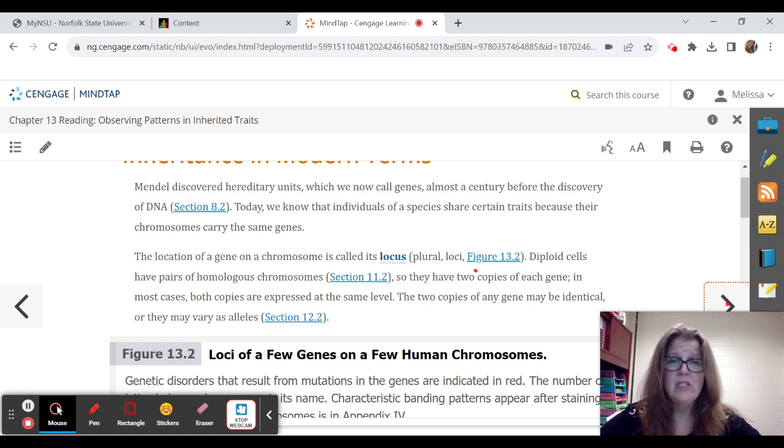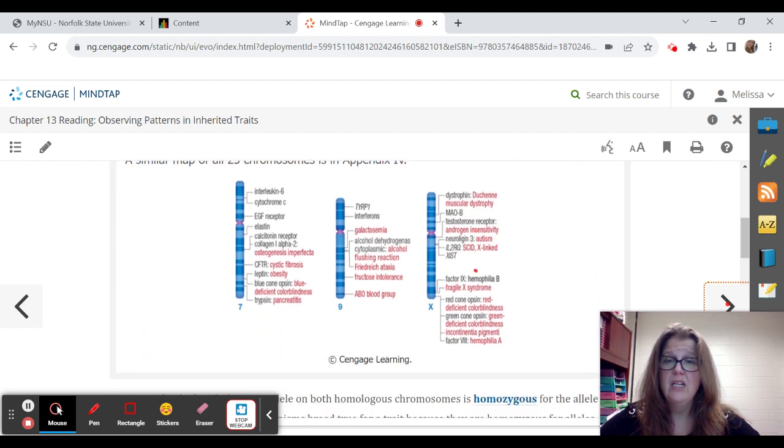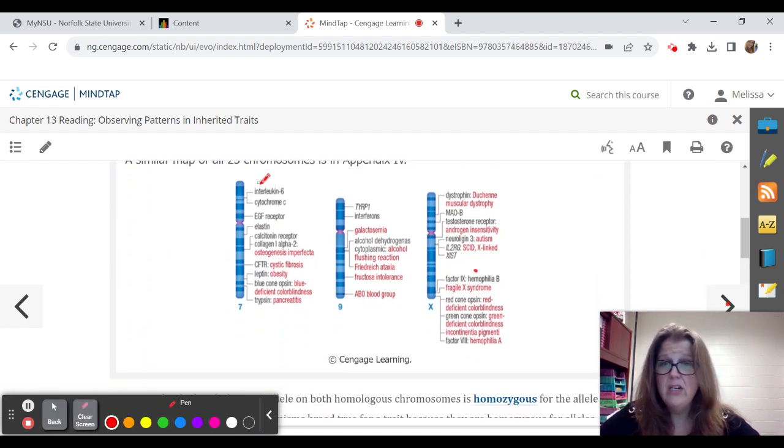And I think we've even discussed that the position on a chromosome where a gene is located is called a locus. And you can see in this picture here, these little sections are different parts of these chromosomes that code for different proteins. These are different genes, and these are the locations of these genes.